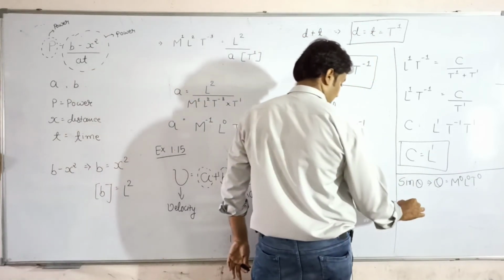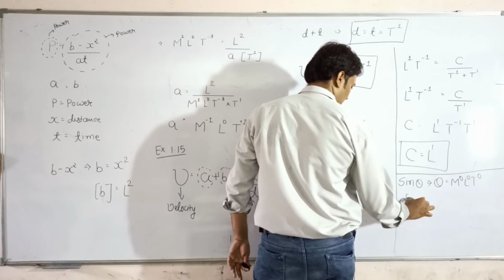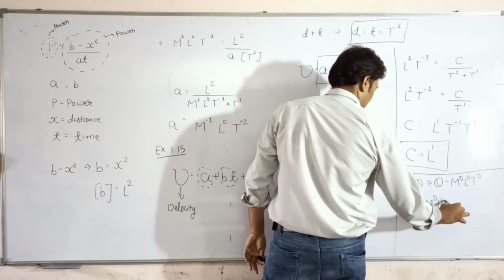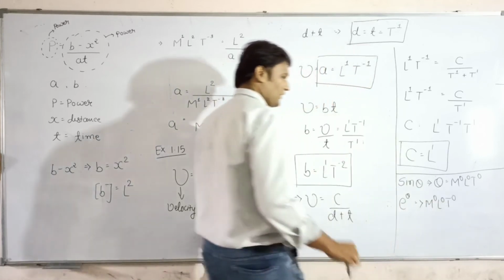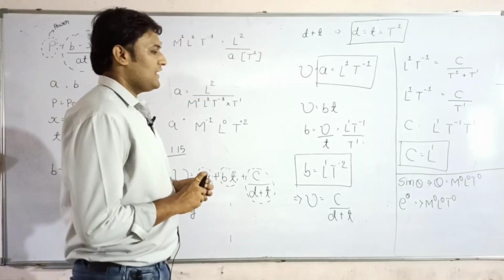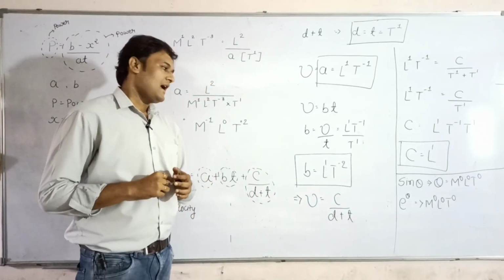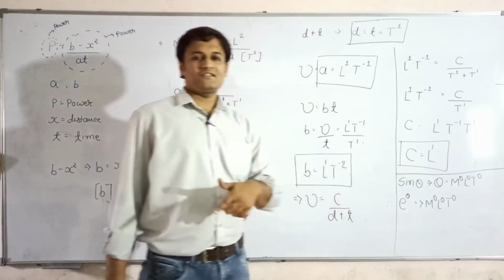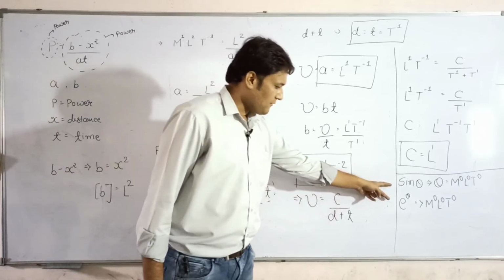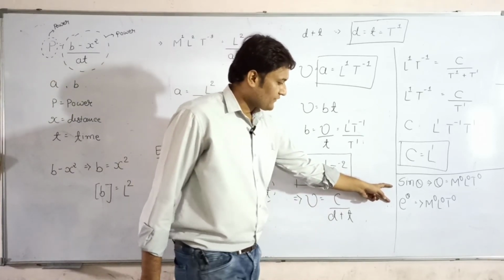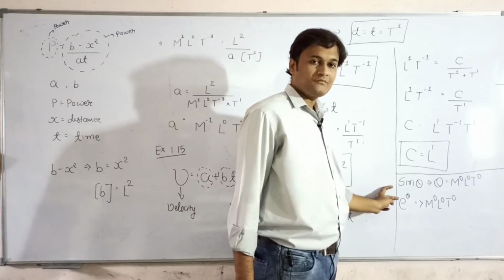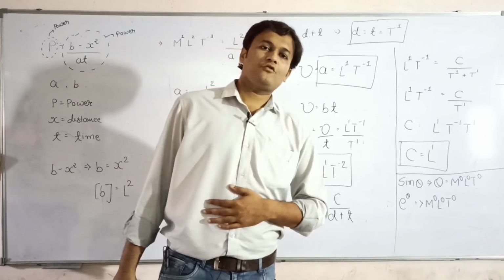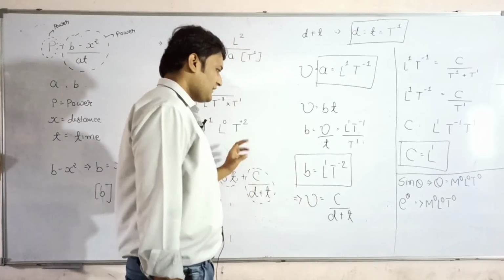And logarithmic functions, like e raised to theta, are dimensionless, that is M0 L0 T0. All logarithmic functions are dimensionless. We will study this in the next lecture. Remember this, I will calculate this type of sum. It is also part of checking the consistency of the dimensional formula.